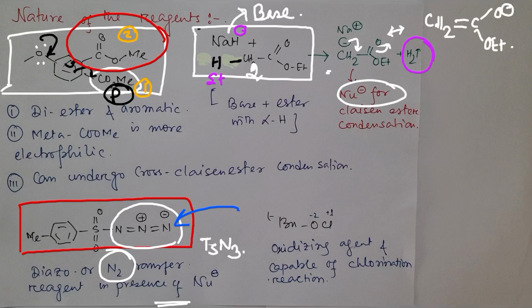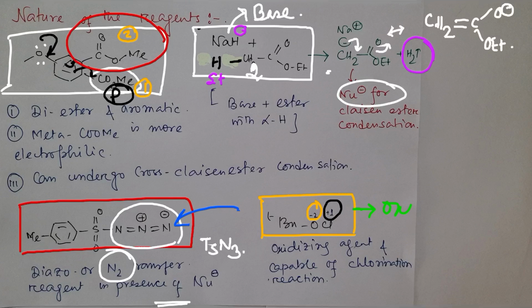Fine. And the fourth reagent is actually tertiary butyl hypochlorite. So we know that in hypochlorite, oxygen has a -2 oxidation state and chlorine has a +1. Why is chlorine in the +1 oxidation state? Because the electronegativity of oxygen is higher than chlorine. That's why it is presumed that the electron density is pulled towards the oxygen center. Fine. So chlorine is in the plus oxidation state.